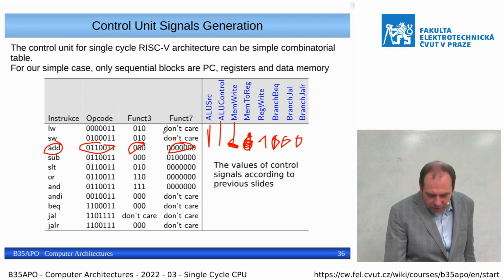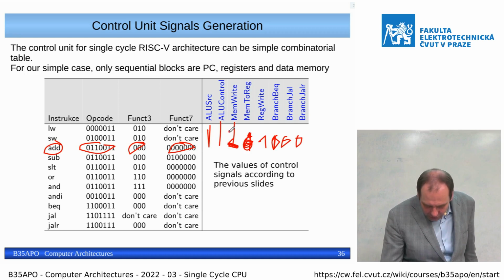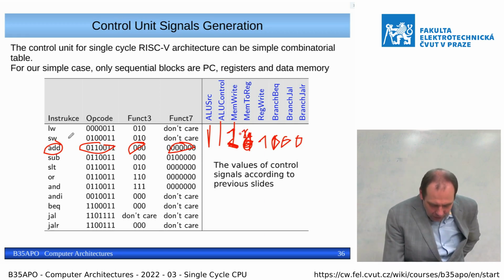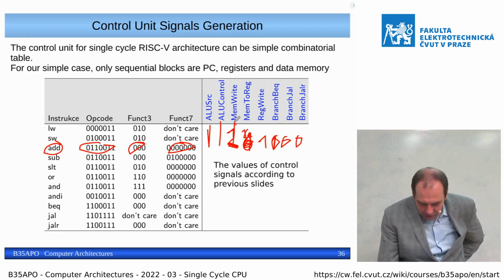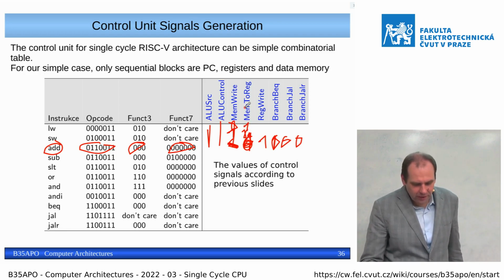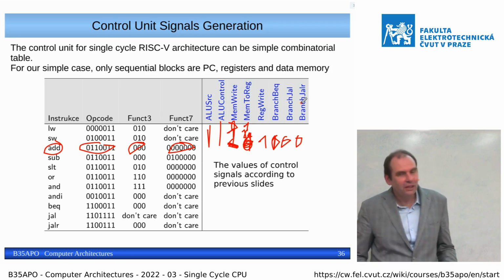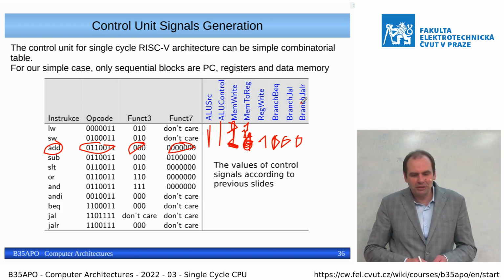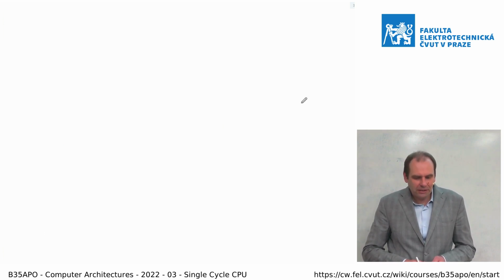For store word, for sure, we want to say that it is a mem-write operation and it doesn't read the value from the memory. For load word, we say that it is not mem-write, but we want to provide memory to the register, and so on. For branch, we set this. So basically, it is a simple table, or you can write it as a simple expression in VHDL or something like that.